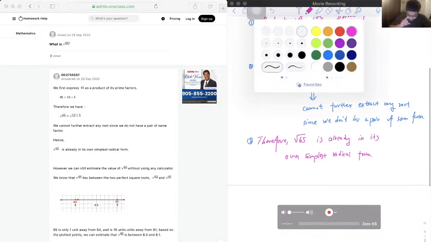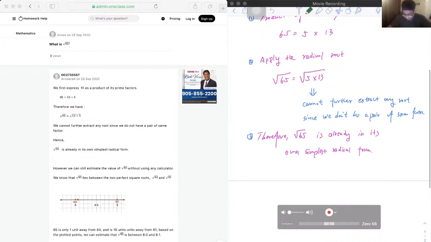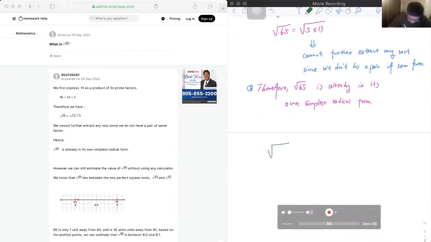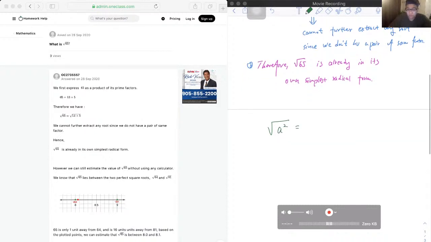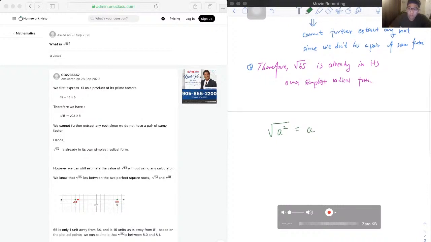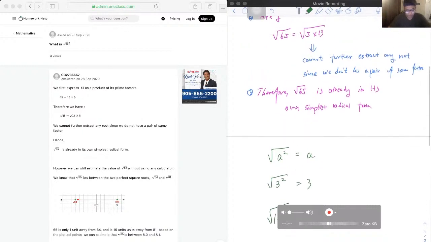Let me explain this part a little bit more. What I mean by not having a pair of same factor is, recalling the property, if we have the square root of a squared, the answer would be a. For example, root of 3 squared gives us 3, and root of 100 squared gives us 100.